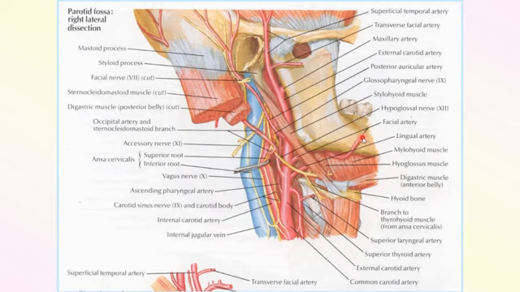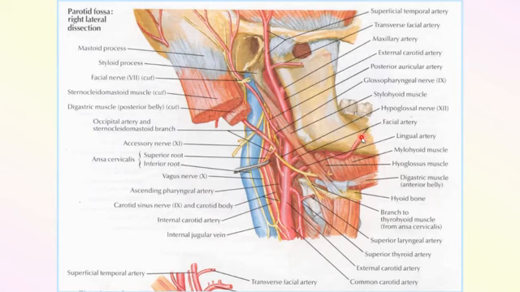And then this is going to be the main source of the blood supply to the face, and it's also going to supply the palatine, tonsil, and submandibular gland. So it's going to have more branches, but again, I'm just worried about you knowing the facial artery and how it branches from the external carotid artery.